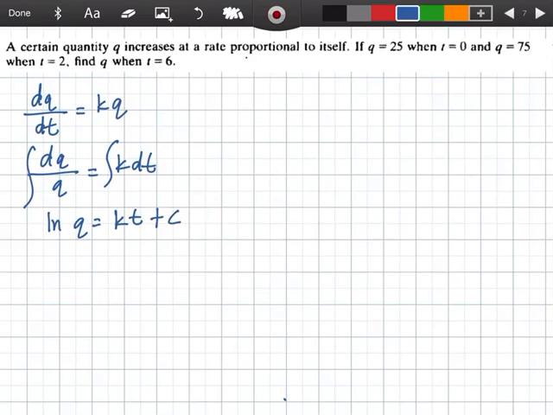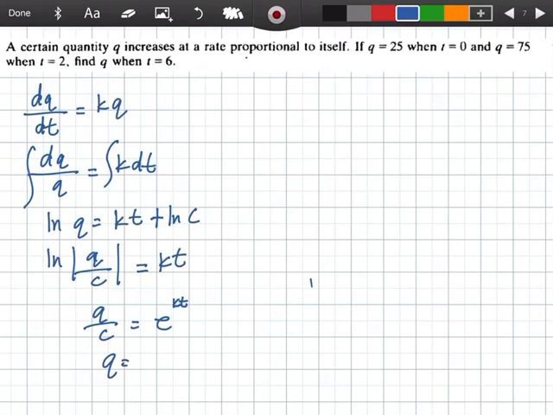So, ang gagawin ulit natin dyan, yung C gagawin nating ln of C. So, magiging ln Q minus ln C, magiging ln of Q over C is equal to KT. Okay, para ma-eliminate natin yung ln, magiging Q over C is equal to e raised to KT. So, Q is equal to C e raised to KT.